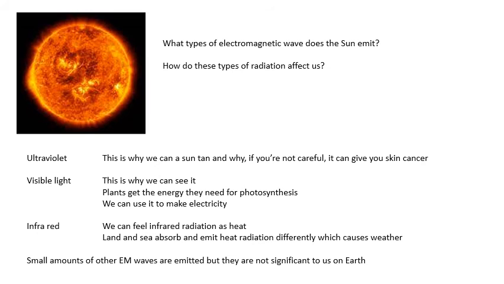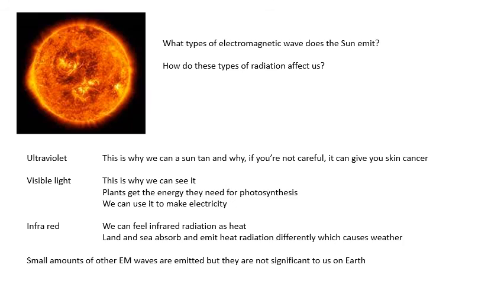Visible light, obviously, this is why we can see the sun. This is why we can see just about everything. Plants get the energy they need for photosynthesis from sunlight, and we can use it to make electricity using solar cells, solar panels. Infrared.